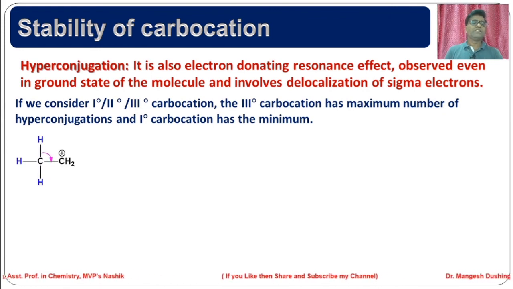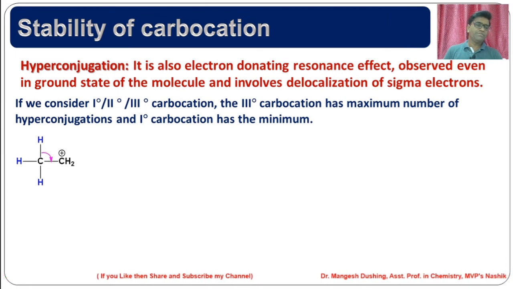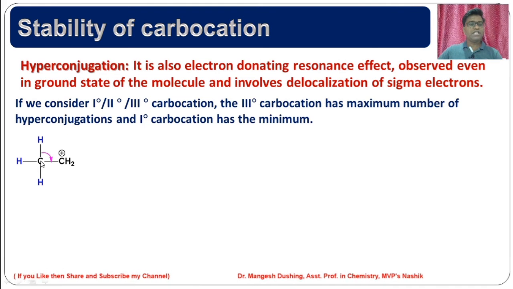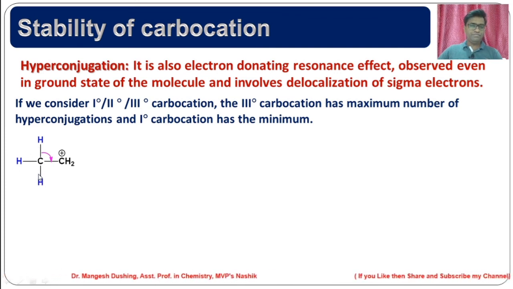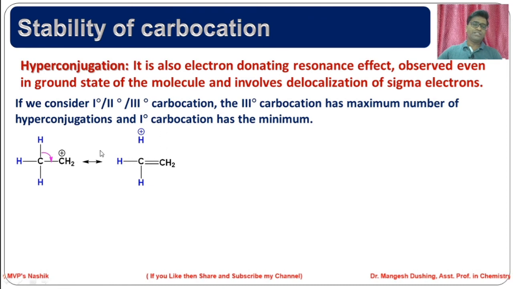For example, this is a primary carbocation. It is attached to only a methyl group, suppose. The first carbon attached to the carbocation is called the alpha carbon, and the hydrogens attached to this alpha carbon are called alpha hydrogens. So there are 3 alpha hydrogens. Hyperconjugation means delocalization of sigma electrons. This C-H bond sigma electron goes over here to stabilize the carbocation, and we get this structure.